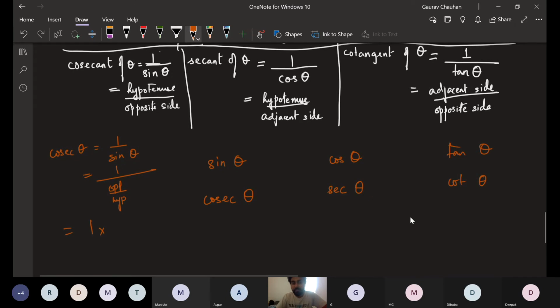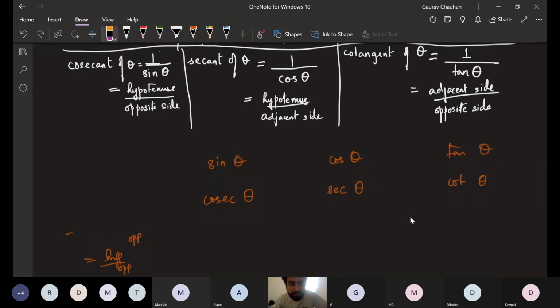Fraction division, so 1 into the reciprocal of the denominator, hypotenuse by opposite, that is equal to nothing but hypotenuse by opposite, and that's what I got here. Okay, Dilruba, we all good? Thank you so much for asking that doubt. Maybe a lot of other people had that doubt and I missed that.